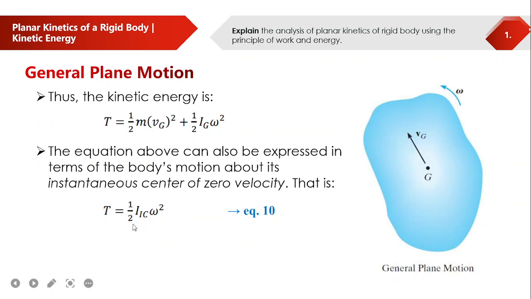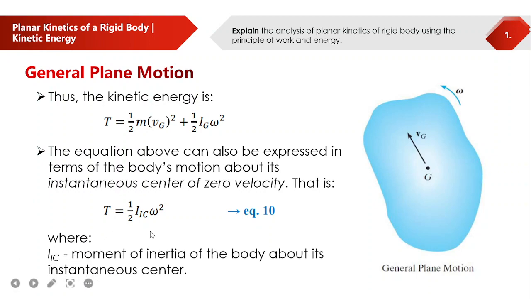Okay? Ito lang, kumbaga. I think medyo fresh pa yung ano nandito when you're going to watch this one kasi nga na-lighten yung problem set tsaka yung assignment, no? So I think familiar pa kayo neto sa I sub IC. Okay? So, moment of inertia of the body about its instantaneous center.